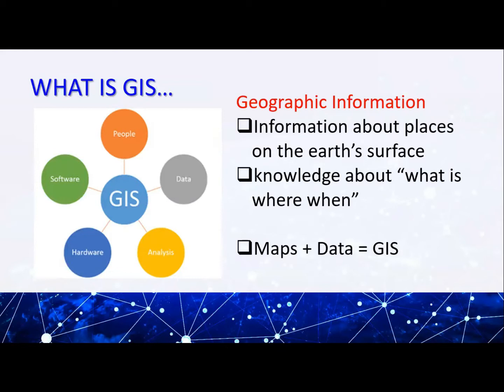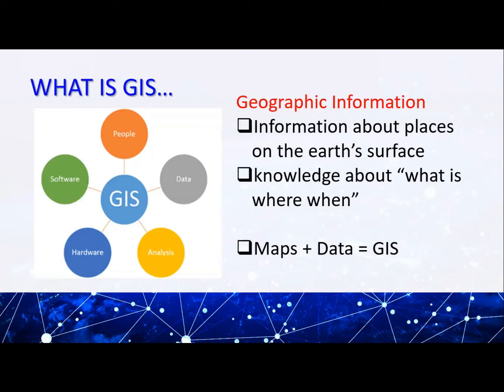I'll take you to my little picture over there. You see GIS in the center there, and there are a number of components that make up GIS. My apologies, my voice is a bit cracky today. So it doesn't stand alone. For GIS to be effective, of course, we have the softwares, like I've mentioned.